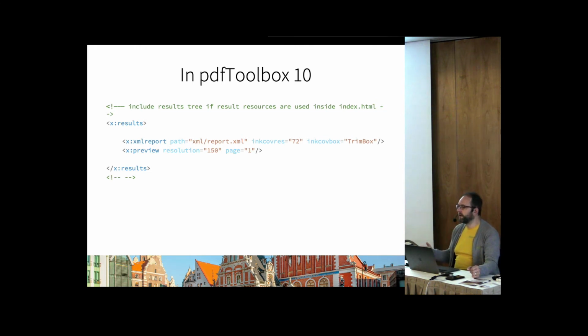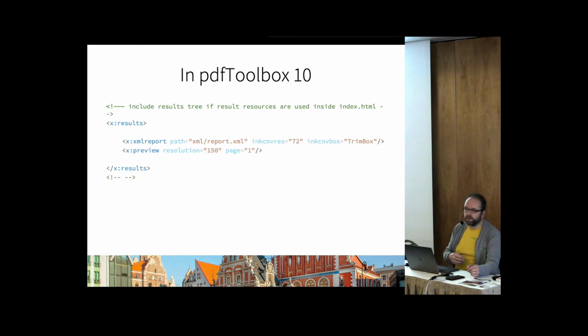Why are these things not generated by default? Because they take time. If I ask pdfToolbox to generate an XML report, that's going to take time to write it. If I ask pdfToolbox to generate a preview image at 150 dpi for all pages in the document, it's going to take time to generate those images. So the report generation gets slower.